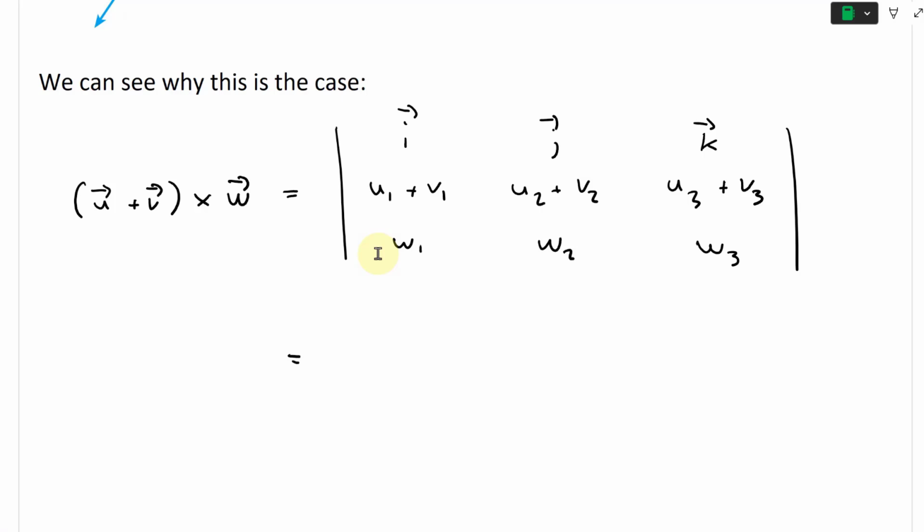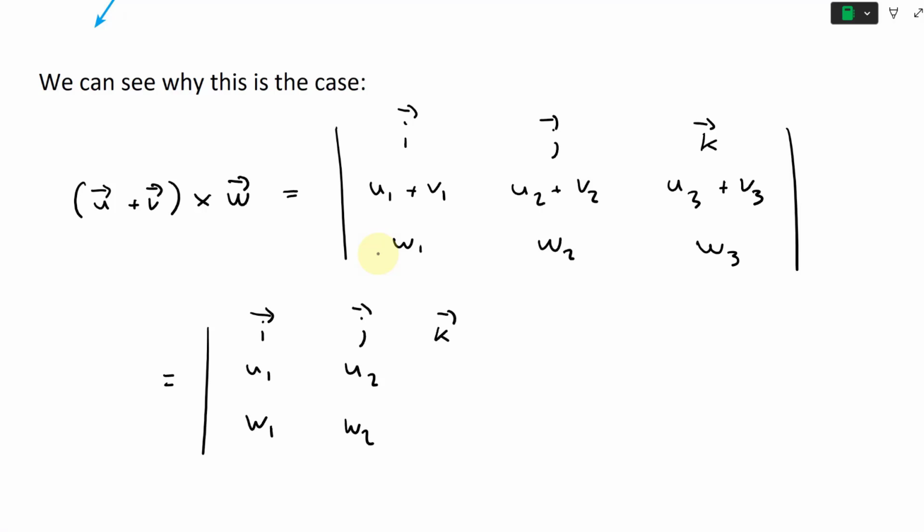So in other words, we'll write this out bigger right here. This equals the same thing as writing i, this is the i component, and this is the same thing as writing u1, w1, and then the next one is u2. We can just ignore all the v's: u2, w2, and this is the j component, and the k component is going to be u3, w3, and then add up.